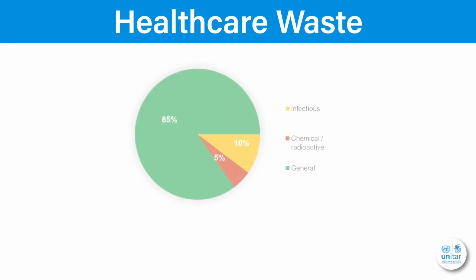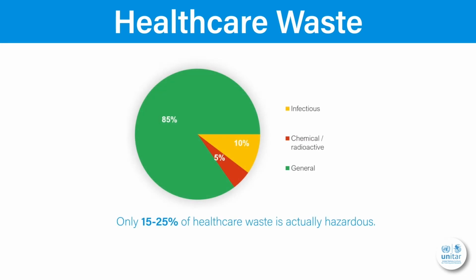If we look at healthcare waste amounts and composition, only 15 to 25% of the healthcare waste, only this fraction, is actually hazardous. The rest is actually similar to municipal solid waste, and can be treated the same way municipal solid waste is treated. Segregating this hazardous fraction from the rest is the most important, because this part needs a very special treatment.